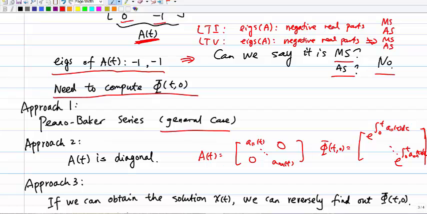It is still a diagonal matrix, and the rest are all 0. That's the second approach. Other than that, we don't have any good approach for other cases.